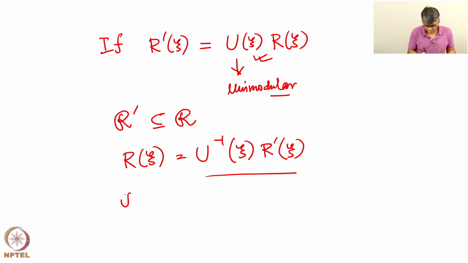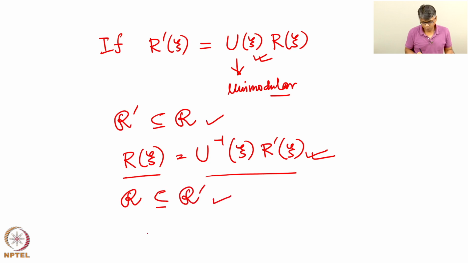So, following exactly the same ideas, every row in R is actually a linear combination of rows from R'. So, every row in R belongs to R'. So, the row span of R must be contained in R' as well. So, we have R contained in R'. So, we have both the containments, which implies R must be equal to R'.